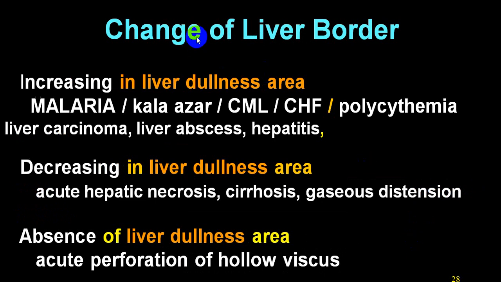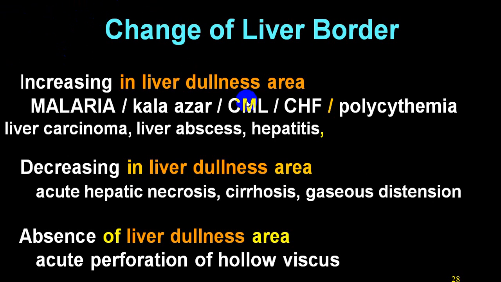Now if you get a massive enlargement of liver, meaning the liver is enlarged right up to the right iliac fossa, or say it is enlarged 5 finger, 10 finger, then in India the most common cause is malaria, Kala Azar.